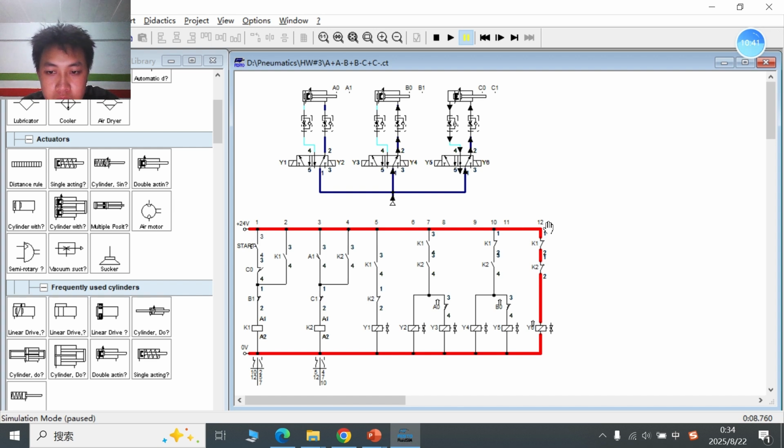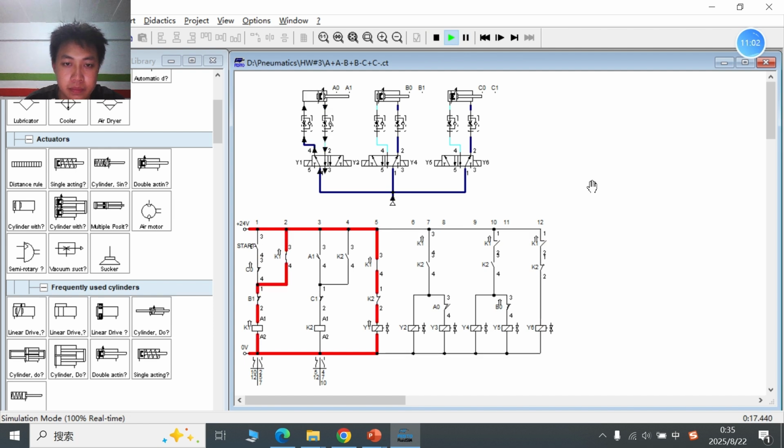So in the circuit it is just like this. So Y6 will work, pushing cylinder C backward. Okay, let's watch it again.